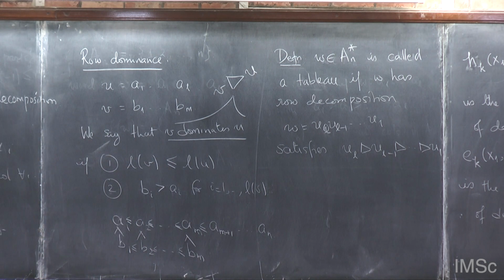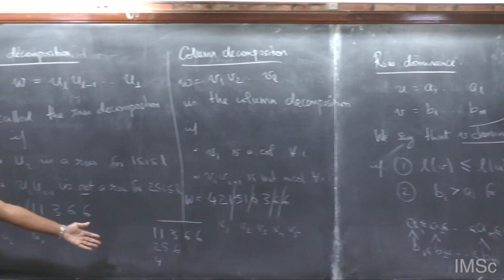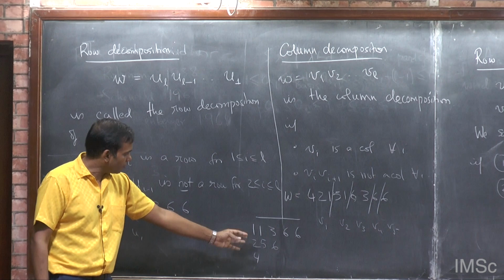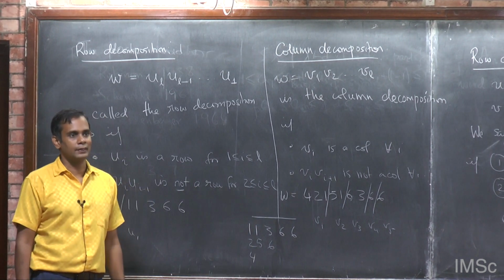So, this word is a tableau because you break it up, take its row decomposition, write those rows next to each other in a left-justified manner below each other, and what you see is that the columns are strictly increasing.